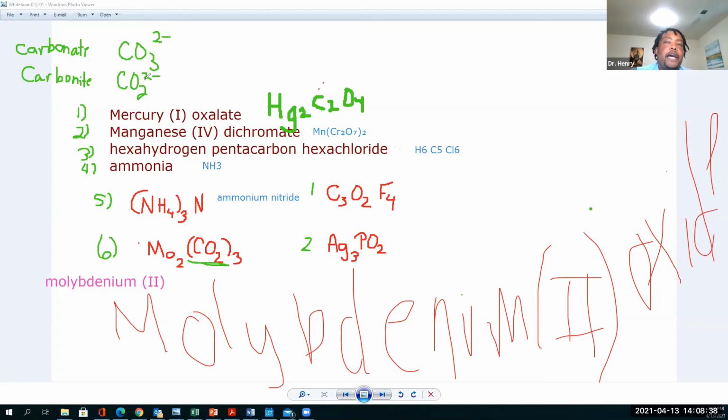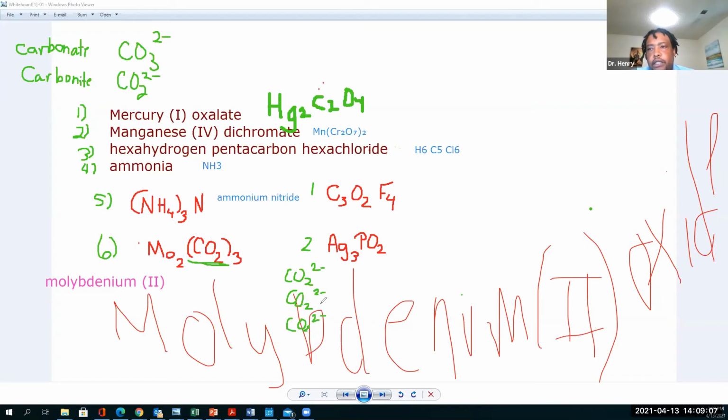So if carbonite, we have 2 carbonites, and so altogether, I mean, how many carbonites do we have down here? 2 negative. So we know the charge is 2 negative, but how many carbonites do we have? 3. So we have 3, so that's CO2 2 minus, CO2 2 minus, and CO2 2 minus.